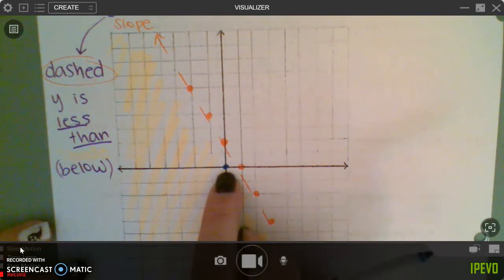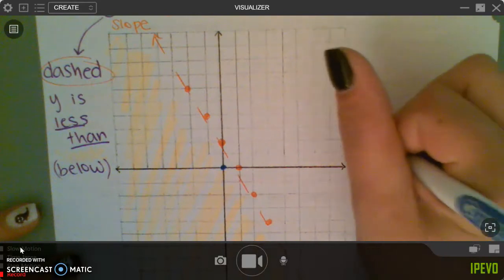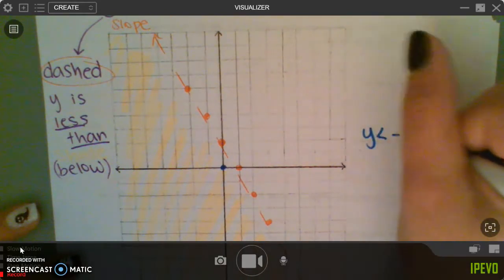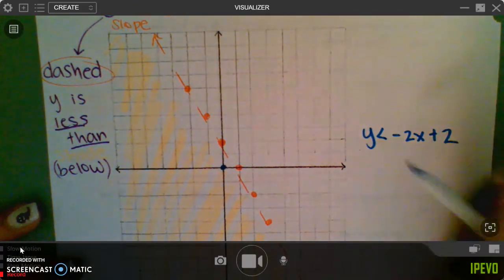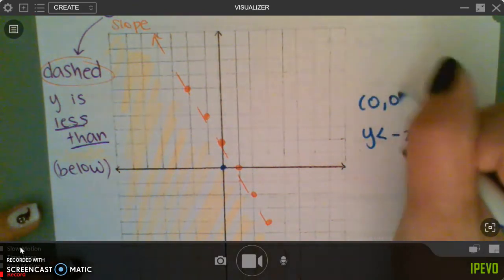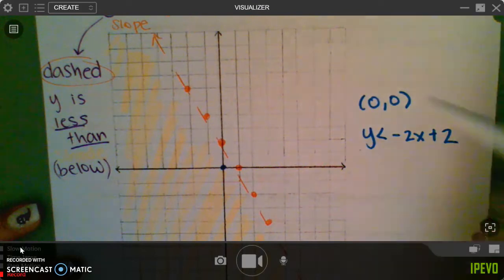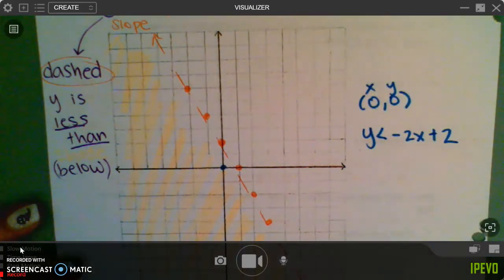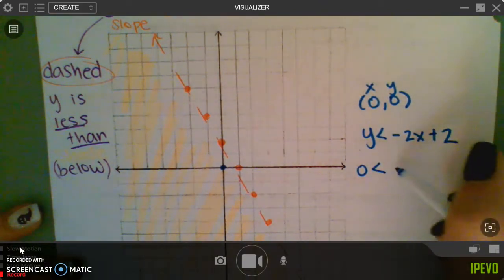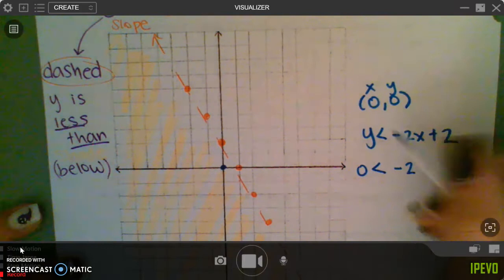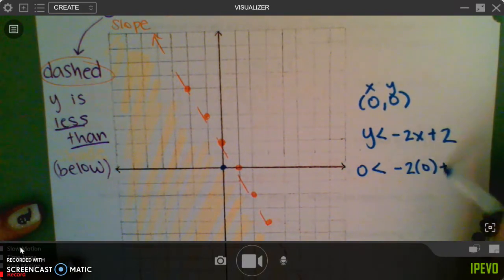So 0, 0, I'm going to plug in. I'm using my original equation, and the point I'm using is 0, 0, which means the x is 0 and the y is 0. So 0 less than negative 2x, but our x is 0, plus 2.